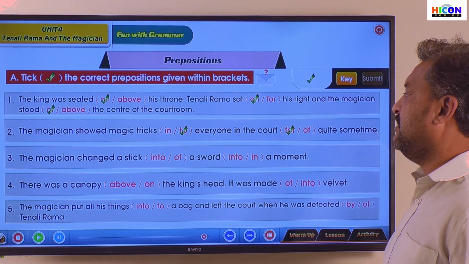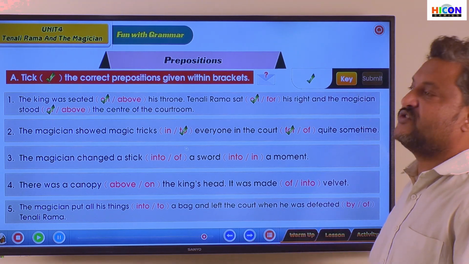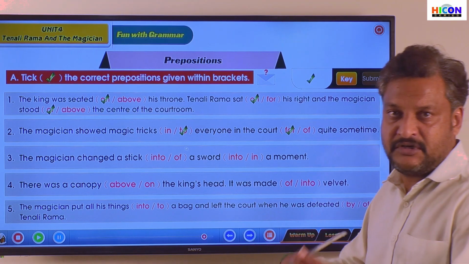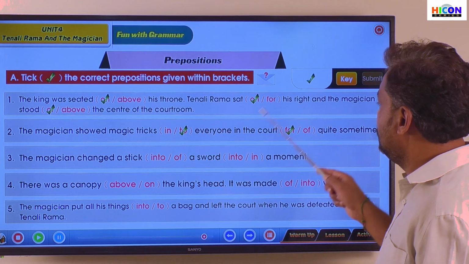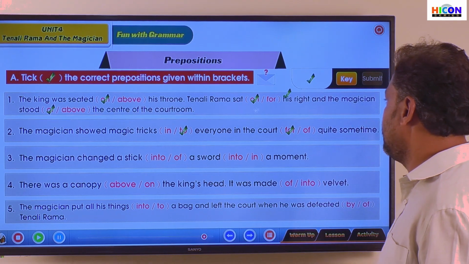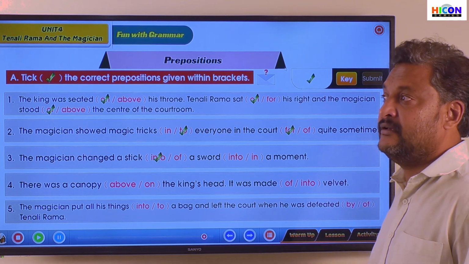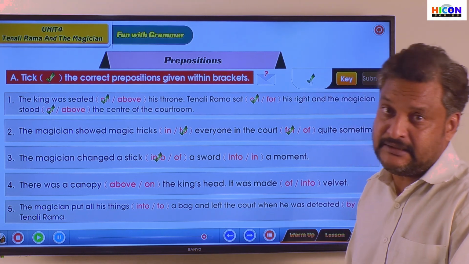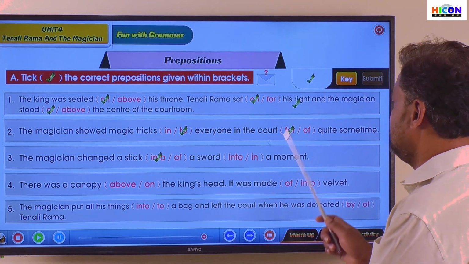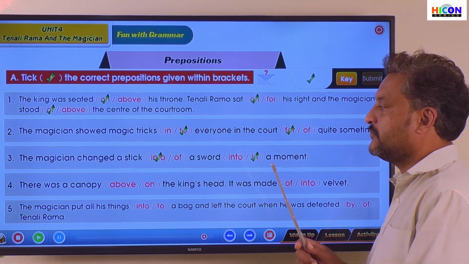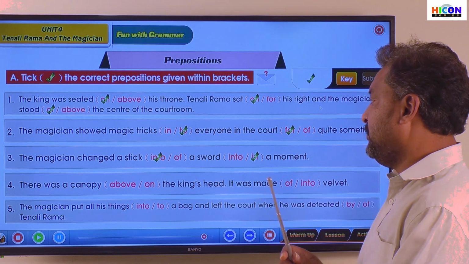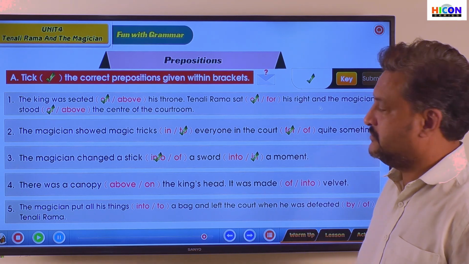The magician changed a stick into a sword. There's a conversion happening there. Into a sword, in a moment. In is a preposition of place and time. So, in a moment, in. There was a canopy above the king's head.